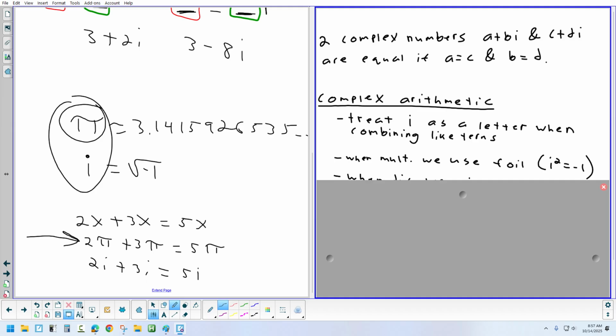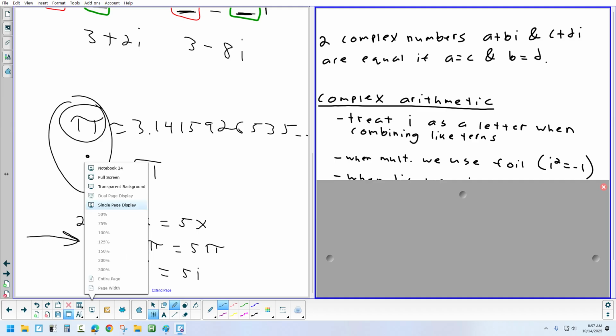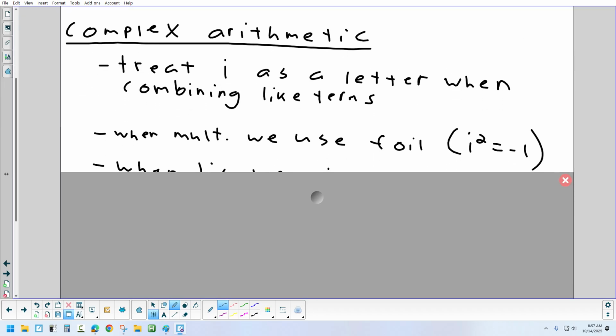When we multiply complex numbers, we are going to have to use the distributive property, double distributive, or FOIL. That's going to result in i squared coming up. We always want to change i squared to -1. So if you've left i squared in the final answer, you haven't simplified.